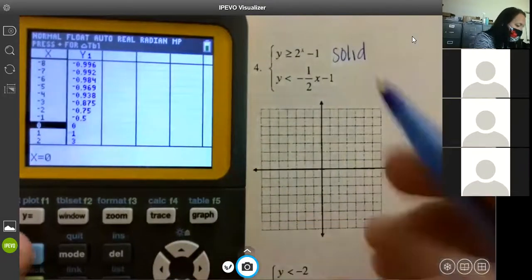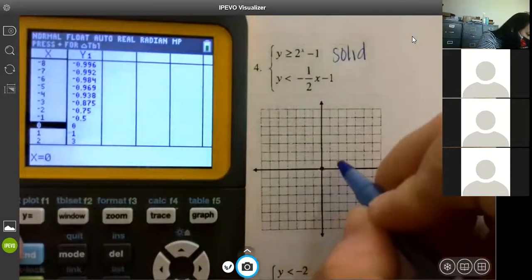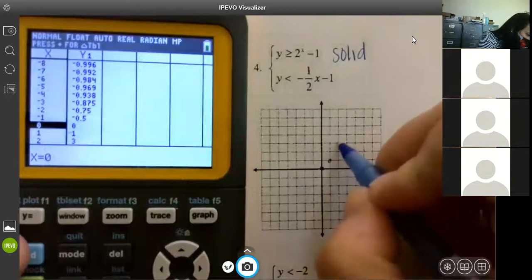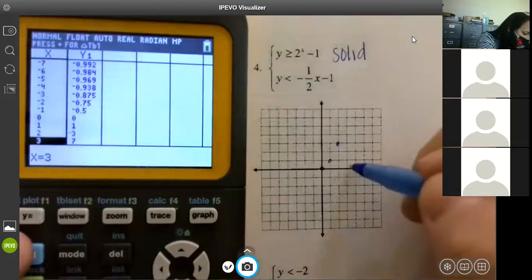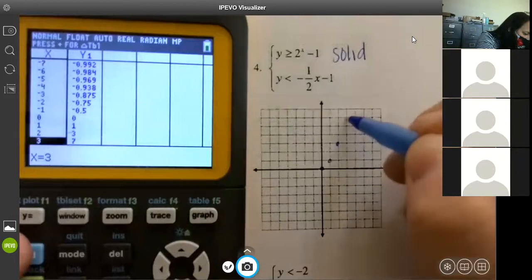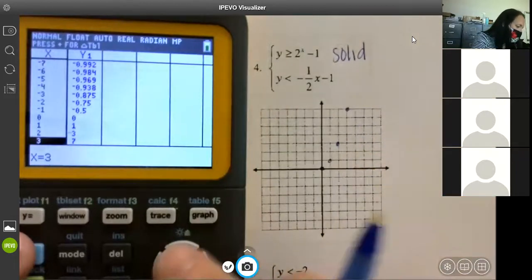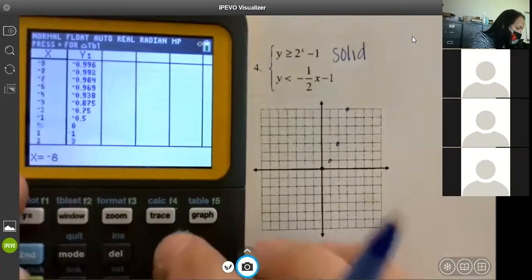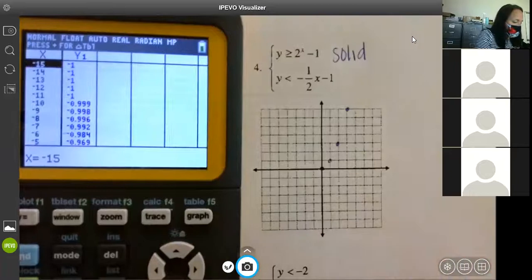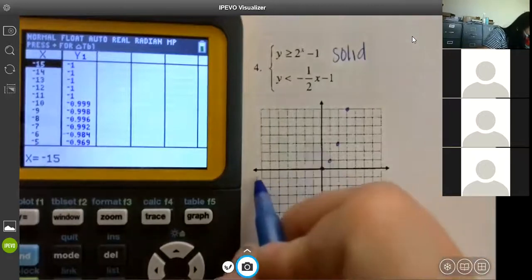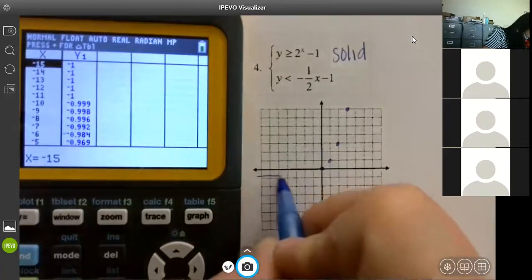We have some 0, 0. We have 1, 1, 2, 3, 3, 7. Where does it go to? Where's our asymptote? -1. Negative 1. So we don't want to touch -1. It is solid.